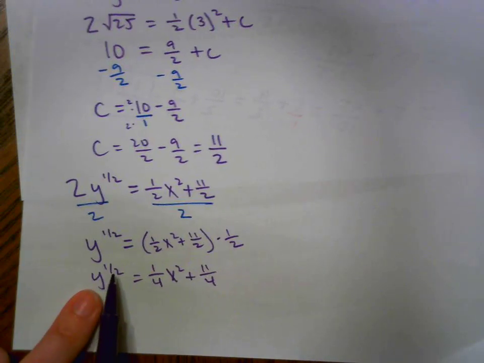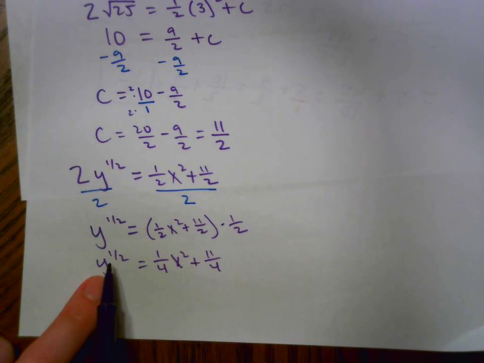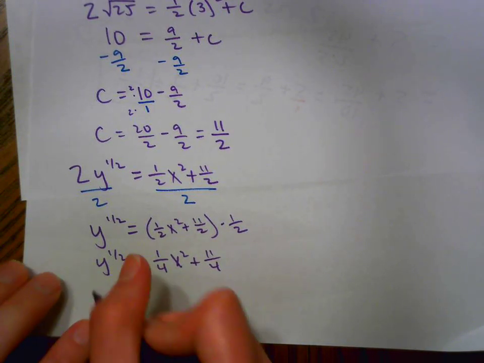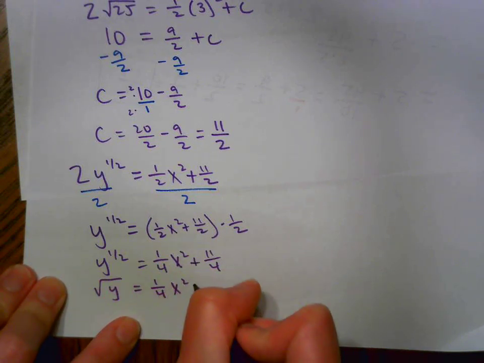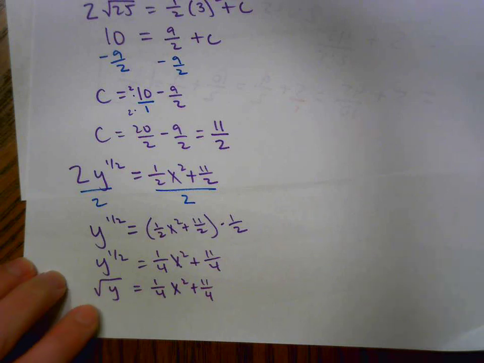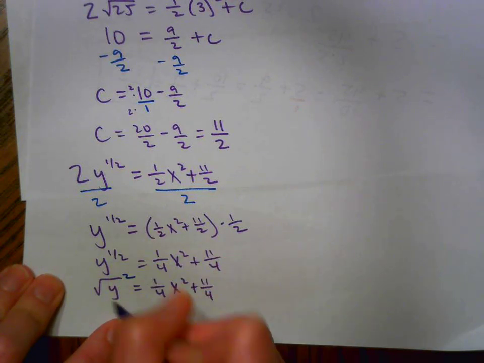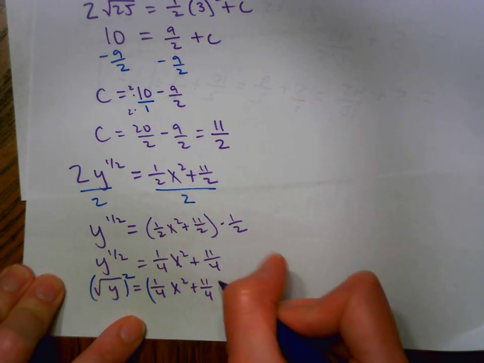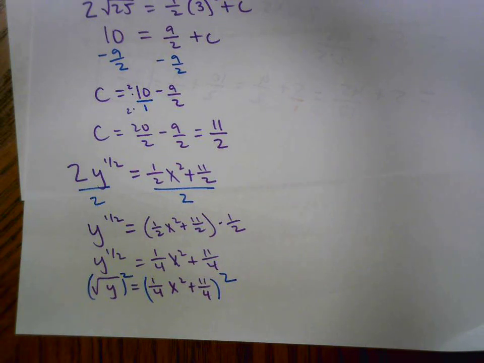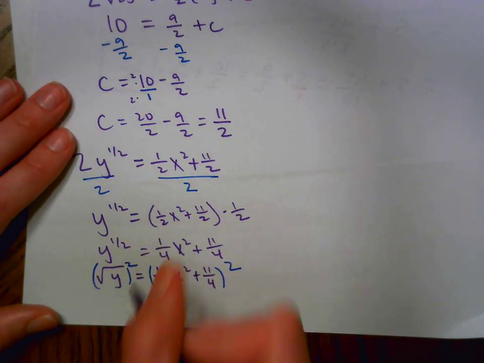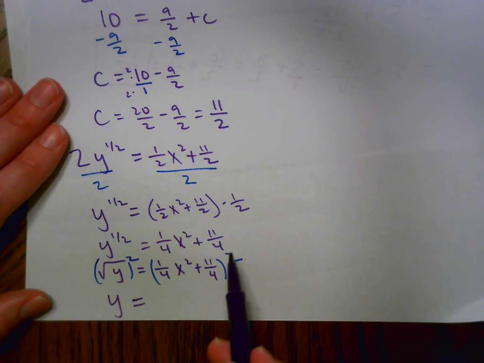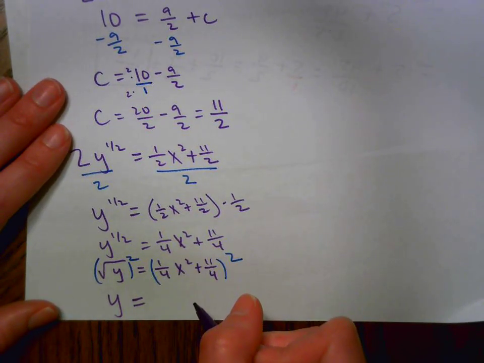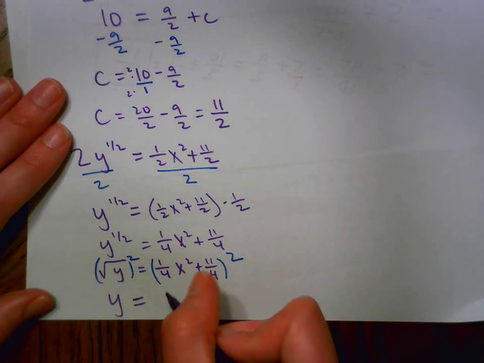And lastly, how do I get y alone? Think about this. This might help if you think about it as square root of y, right? If it was square root of y, how would you get y alone? You would square it, right? And that means you got to square this whole side. So then the square root and the square cancel, so you're left with y equals, now be careful because technically when you square this side, wait, no, I'm thinking of another problem.